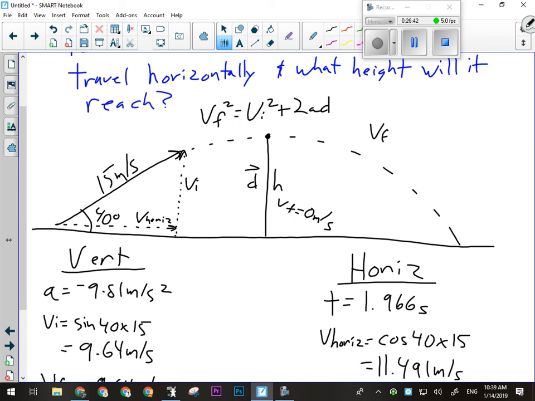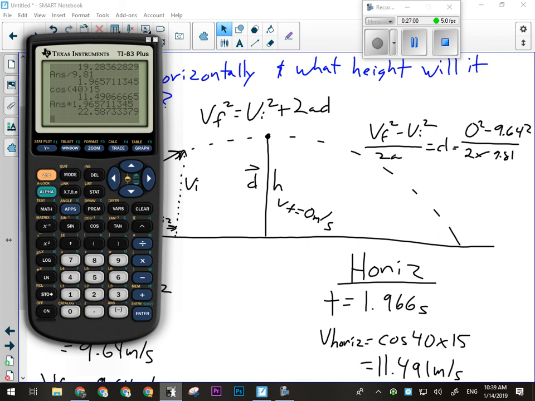So I'll have VF squared minus VI squared over 2A equals D, right? So that will be 0 squared minus 9.64 squared divided by 2 times negative 9.81. Right? So essentially we have 9.64 squared divided by 19.62.